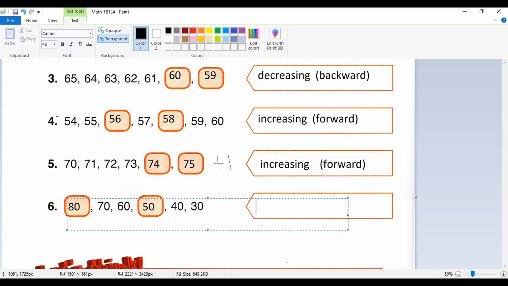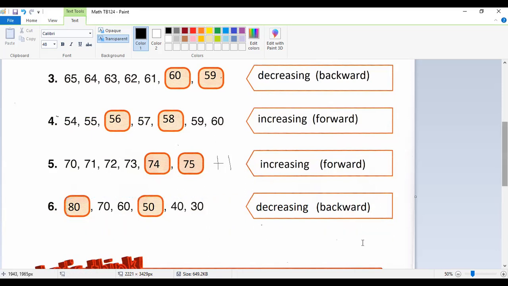So we're decreasing. We're counting backward. Oh, okay, we missed out there. Try and make that a bit longer. Backward.